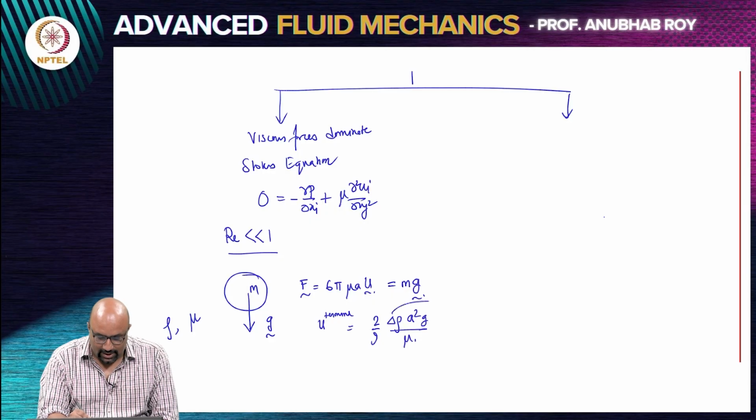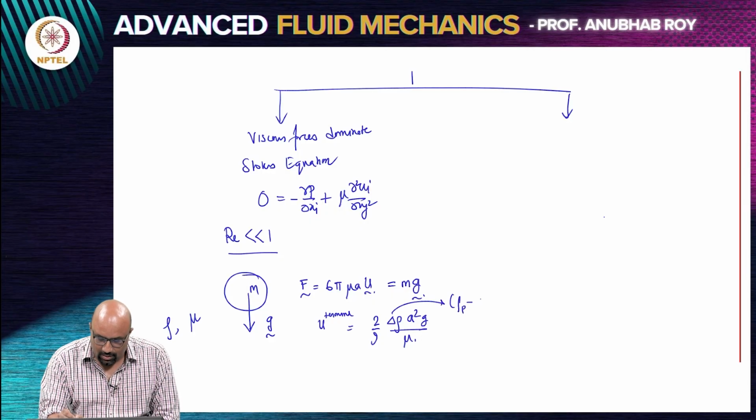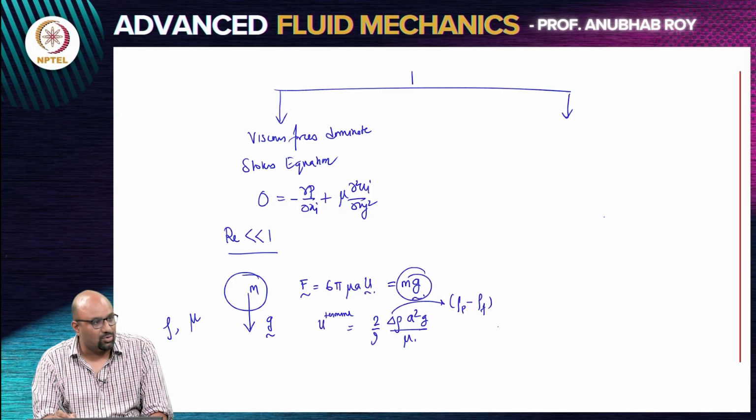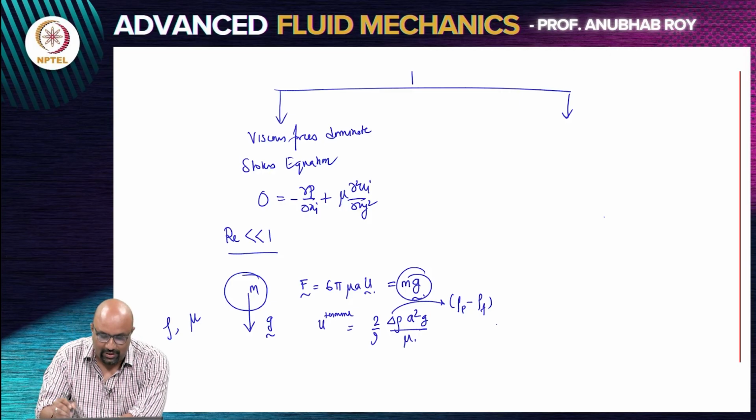Delta rho is basically rho p minus rho f, because this would be the weight minus the buoyancy force. So, these are things which the low Reynolds number description gets quite well. We haven't done a detailed derivation of the low Reynolds number problem, but that is a regime which is quite well documented and well known since the advent of the Navier-Stokes equation.